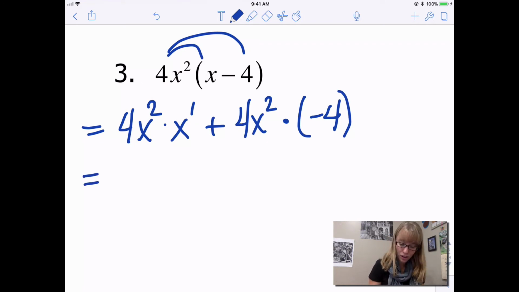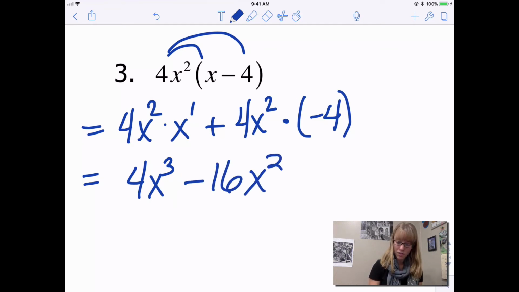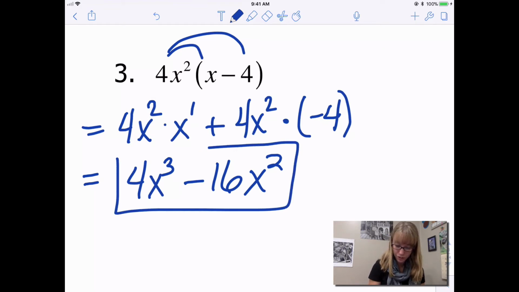If you said, well, 4x squared times x is 4x to the third, perfect. And then 4x squared times negative 4 is negative 16x squared. That works for me. Either way, I've got 4 times 1 is 4, x squared times x to the first is x cubed, 4 times negative 4 is negative 16, and then x squared.